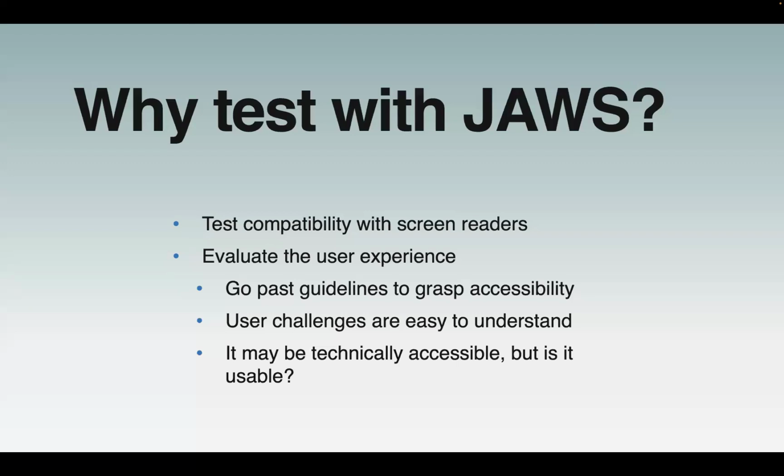And the other thing about it is that when you test with assistive technologies, it is easier to understand what those issues are, versus the technical or code issues that might be involved. And something may be technically accessible, but is it usable?